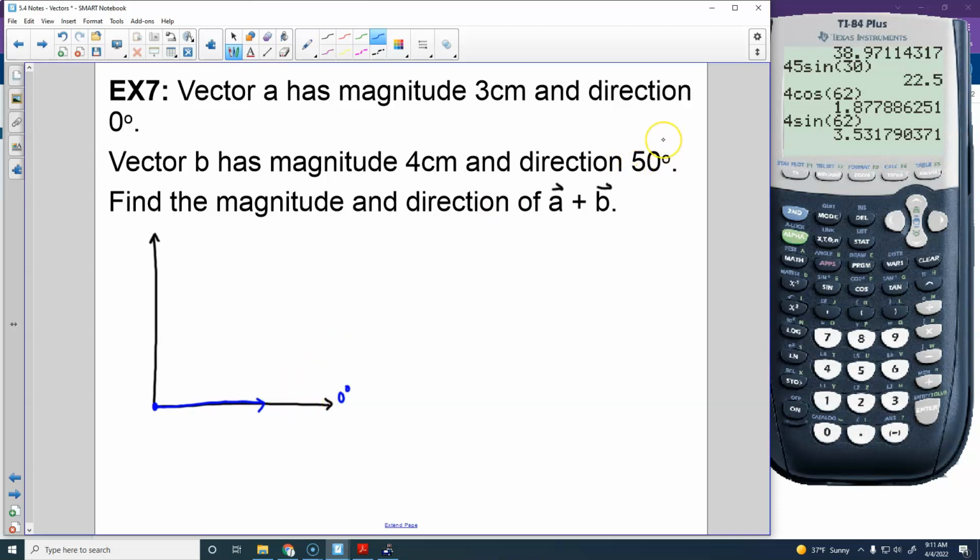When it just gives an angle like 50 degrees, without north, south, east, or west, they intend for you to start at 0 degrees and go counterclockwise that many degrees. It could be anywhere from 0 to 360 degrees, which would be rotating all the way around. At 50 degrees, this vector will look something like this, and I'm going to draw it a little bit longer than my other vector.